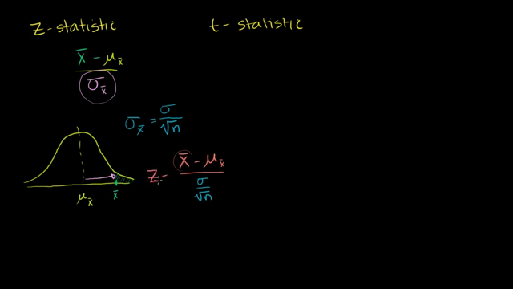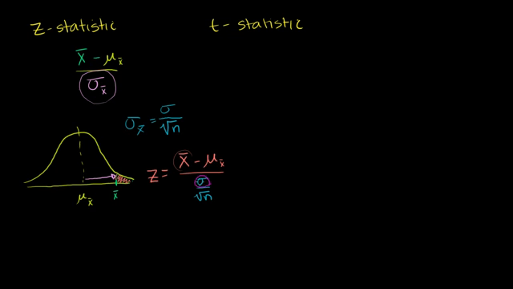And then we could look it up in a z table or in a normal distribution table to say, what's the probability of getting a value of this z or greater? So that would give us that probability. So what's the probability of getting that extreme of a result? Now, normally when we've done this in the last few videos, we also do not know what the standard deviation of the population is.